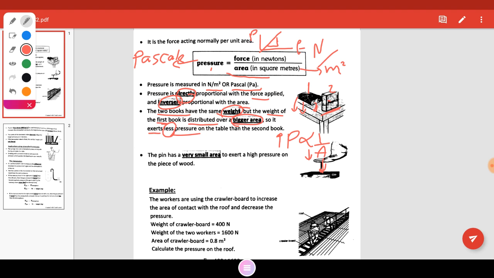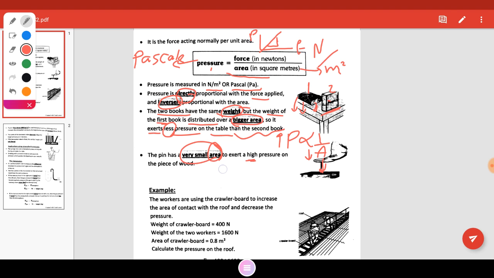This means that the pressure on the table is less than that of the second box. The pin has a very small area, so it exerts high pressure, because area is inversely proportional with the pressure.